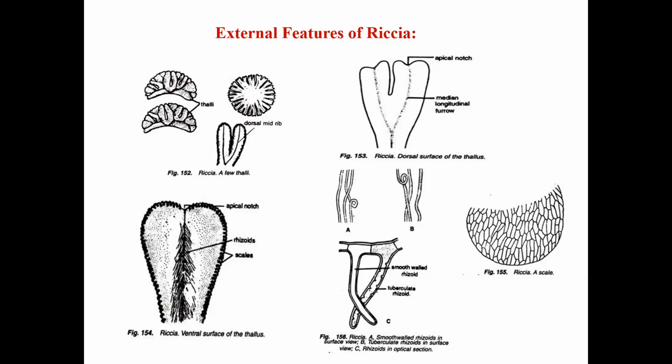The ventral surface of the thallus bears a row of one-celled thick scales. The scales are violet colored, multicellular, and arranged close to each other towards the apex of the branch.